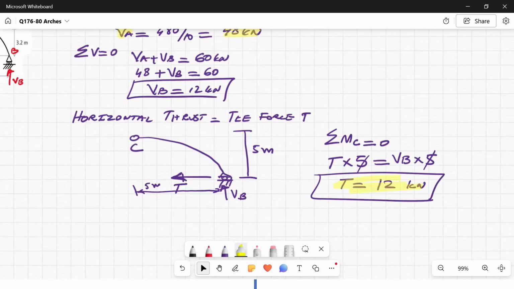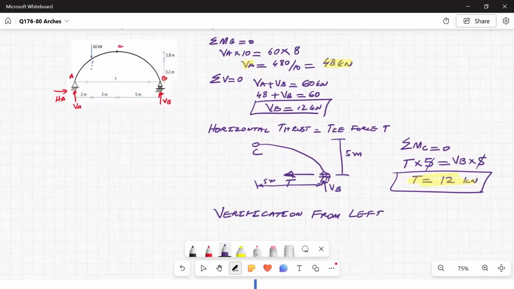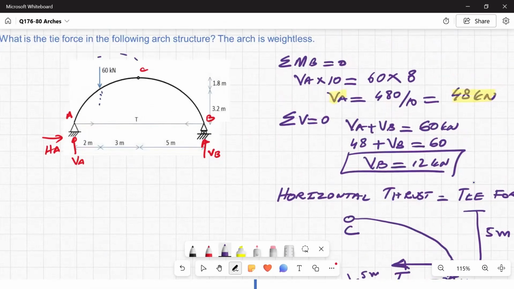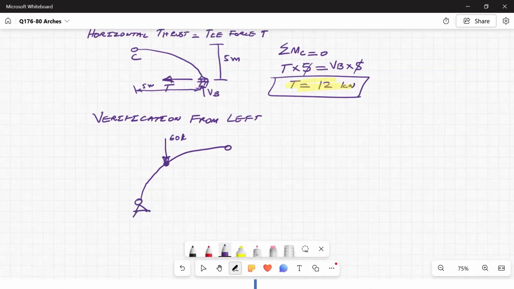So let's say verification from left. If you want to verify it from left, then all you have to do is isolate this left portion, and then you can find out moment at C. We have load applied at this point. This loading is 60 kilonewton, and we have a pin support.